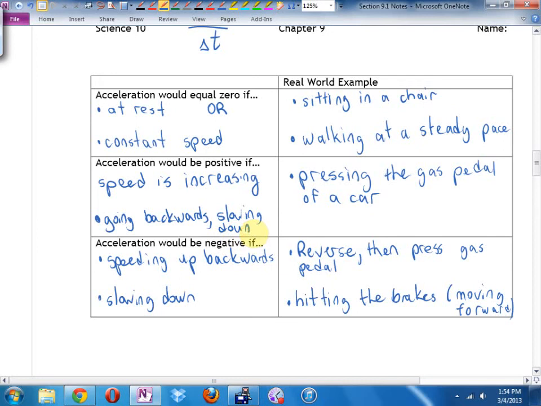Right? It must be. If hitting the brakes when I'm going forwards, Kenzie, is a negative acceleration, then hitting the brakes when I'm already traveling backwards must be a positive acceleration because I'm slowing down in the opposite direction. Another word for opposite is positive or negative.